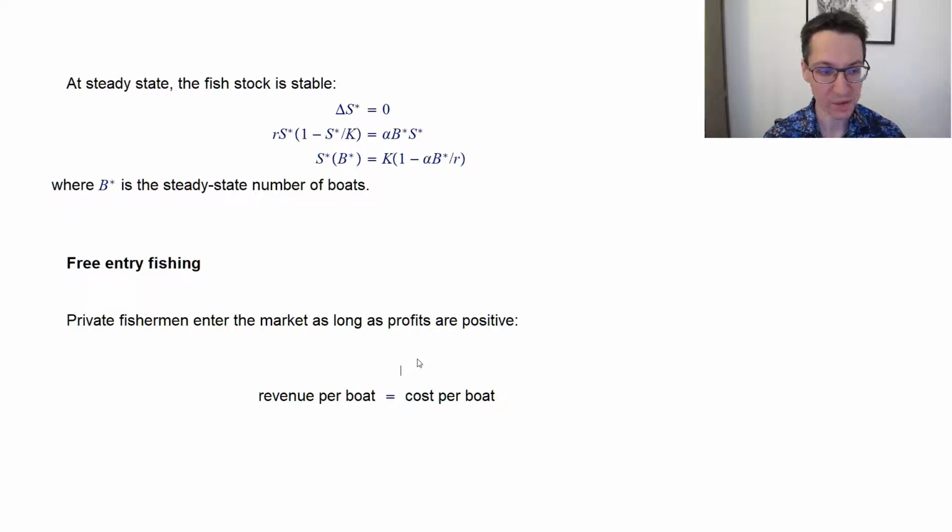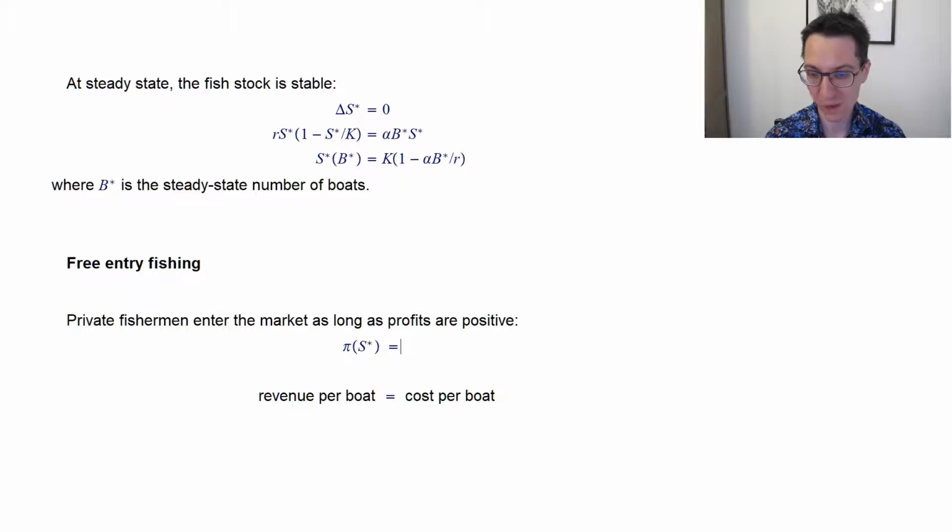So private fishermen enter the market as long as there are positive profits to be made. So what does that mean? Well, let's remember what our profit function is. So it's pi of S. So now let's write S star, because what we're looking at is the profit in steady state.